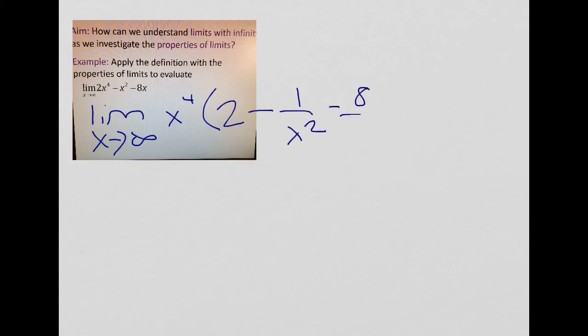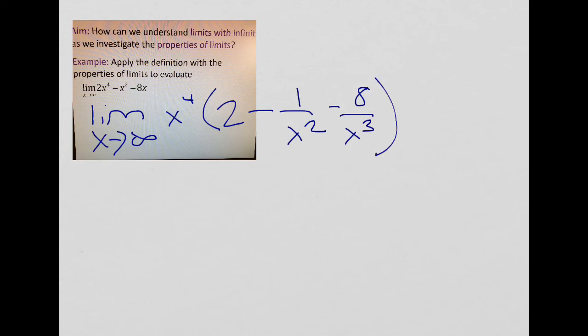When we went over the properties of limits, I did one where you factored out x to some power. We did that just so we can simplify and get our answer quicker. But here we actually need to do that to find the limit. So I'm going to factor out the highest degree, x to the 4th power. And that leaves me with 2 minus 1 over x squared minus 8 over x cubed.